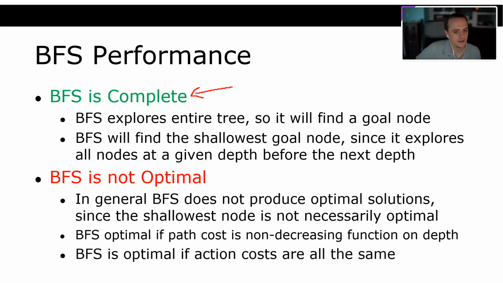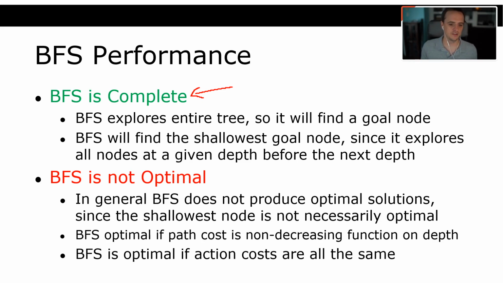BFS, however, is not optimal. In general, it does not produce optimal solutions, since the shallowest node is not necessarily the optimal one. Breadth-first search is optimal only if the path cost is a non-decreasing function in depth.